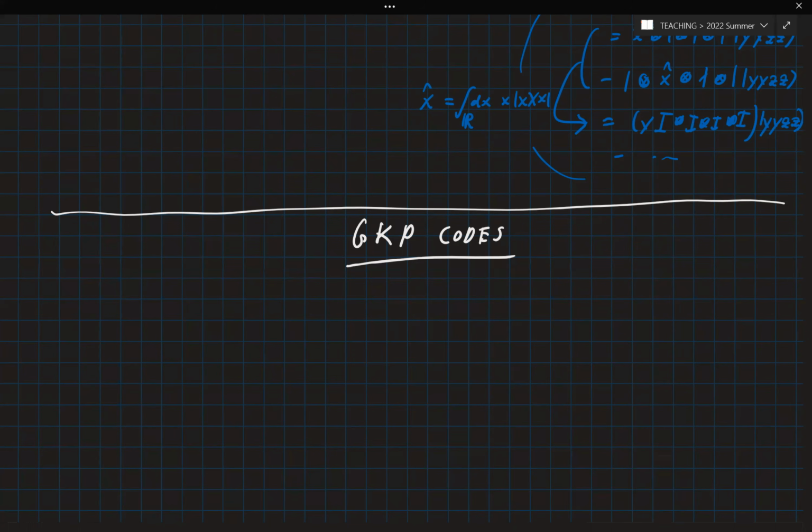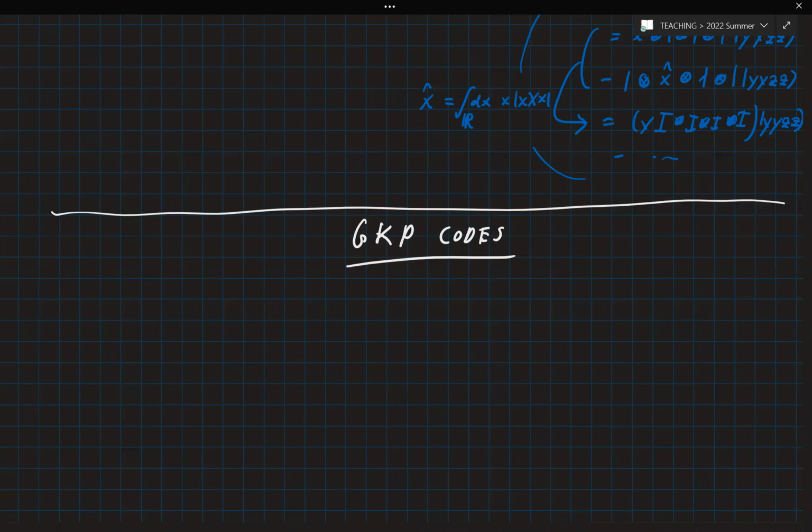Now, we're going to show how a similar approach using stabilizer groups will allow you to cook up codes that admit a finite dimensional logical space, but that are themselves embedded into some amount of physical modes. And these codes are called the GKP codes, named after Gottesman, Kitaev, and Preskill.